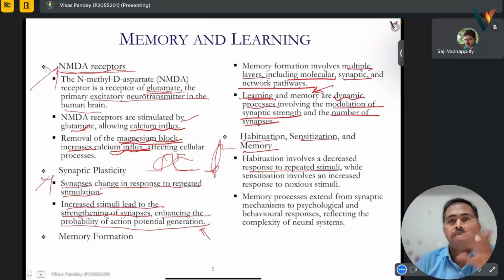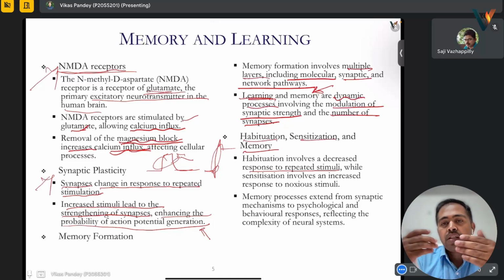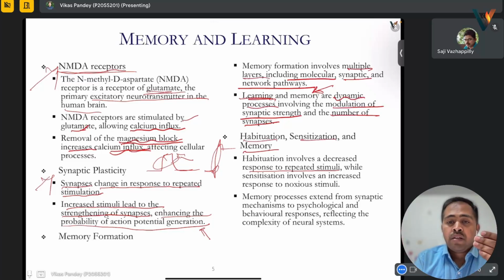Something is happening again and again and again. So over a period of time, when some stimulus is occurring again and again, the response actually is decreasing.